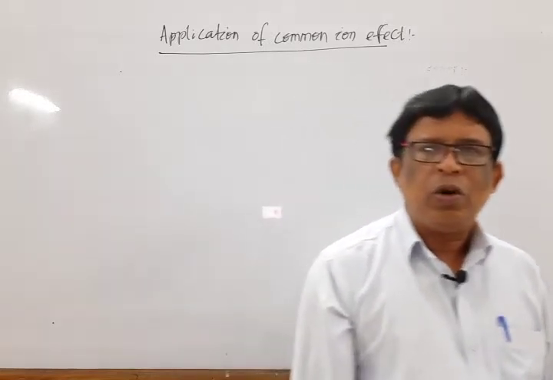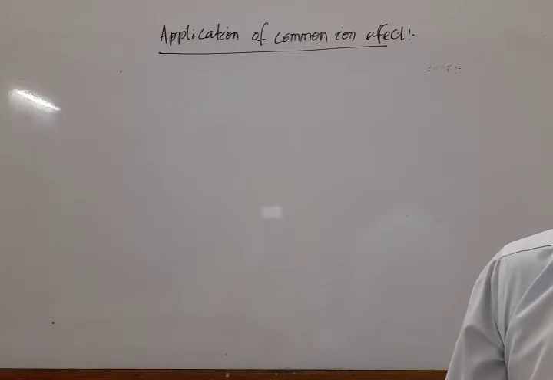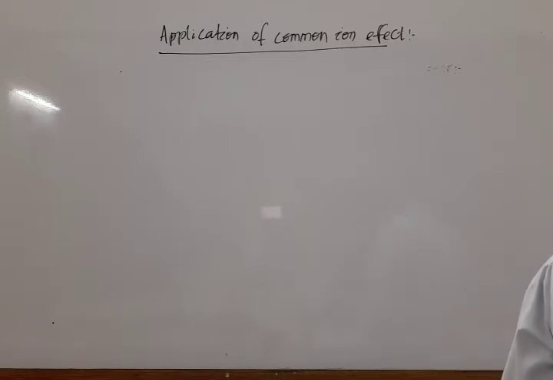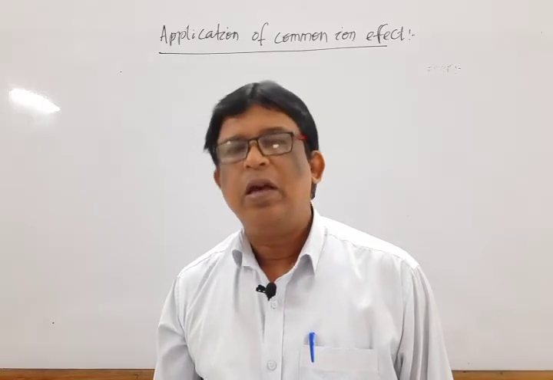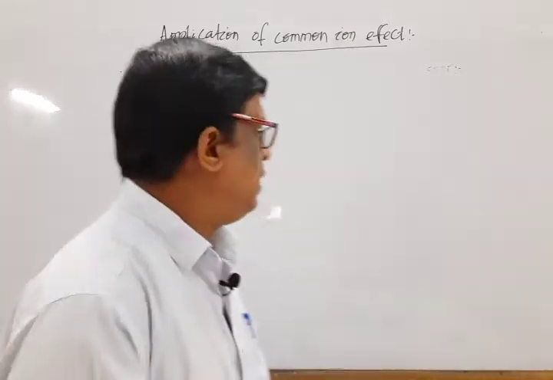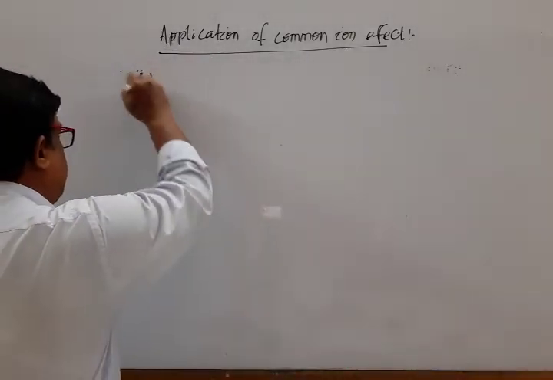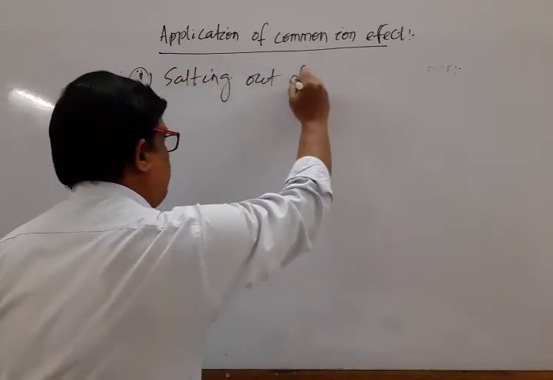I repeat again, soap is prepared by the action of alkali on fatty oil, which contains glyceride of the acid, and it is precipitated out from the solution by stirring with sodium chloride. This process is known as salting out, or that second application is known as salting out of soap.